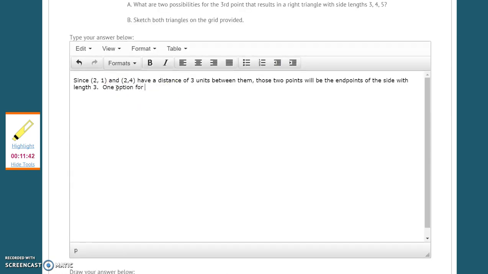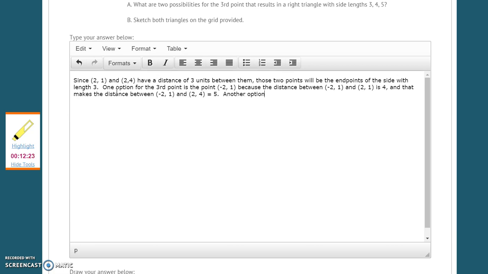One option for the third point is the point (-2, 1), because the distance between (-2, 1) and (2, 1) is 4, and that makes the distance between (-2, 1) and (2, 4) equal to 5.